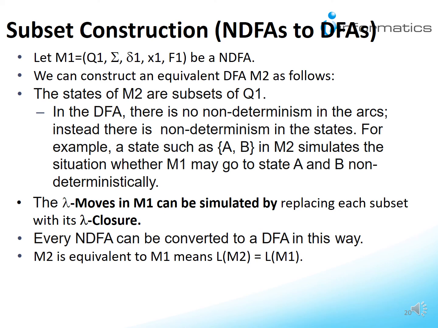So you will apply lambda moves again and again and find the maximum subset which encloses all the possible states that you can reach through lambda moves. Every non-deterministic finite automaton can be converted to a deterministic finite automaton in this way.